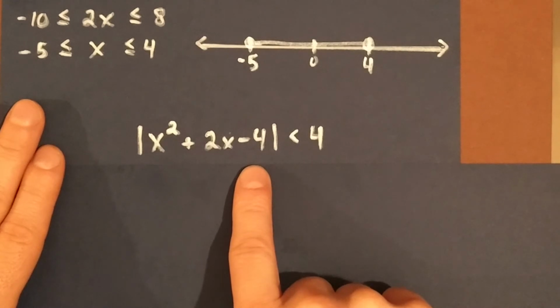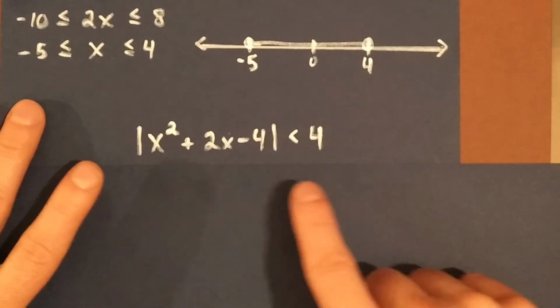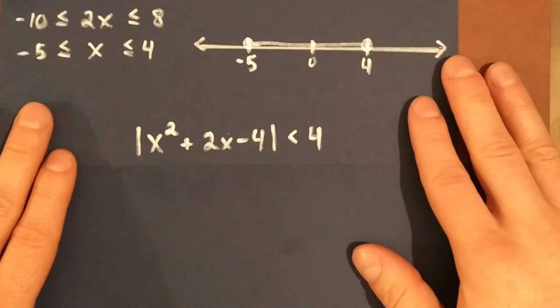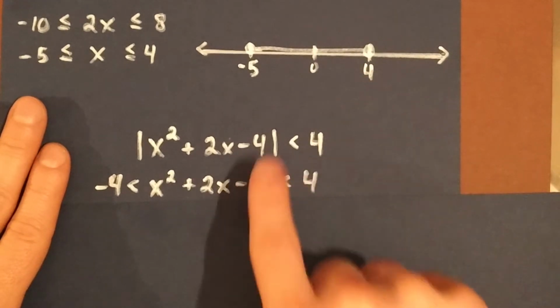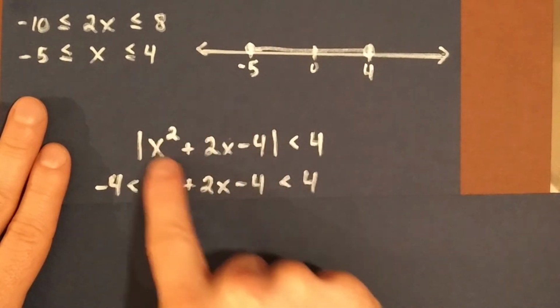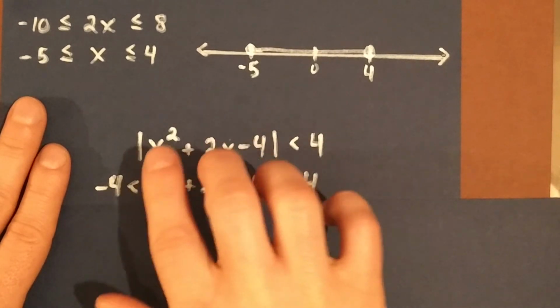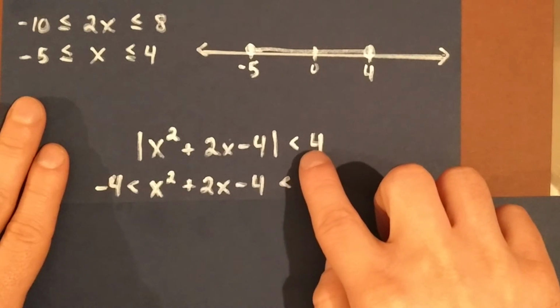So this expression, x squared plus 2x minus 4, has an absolute value less than 4. So just like the last problem, we can say, okay, the value of this expression, just like if it was a big variable, is less than 4 units from 0.